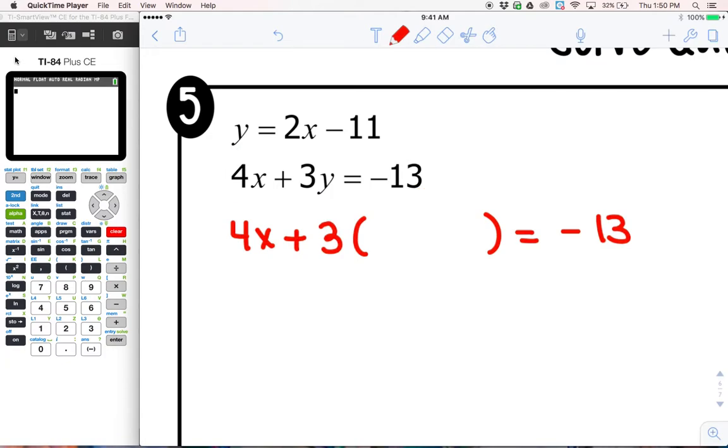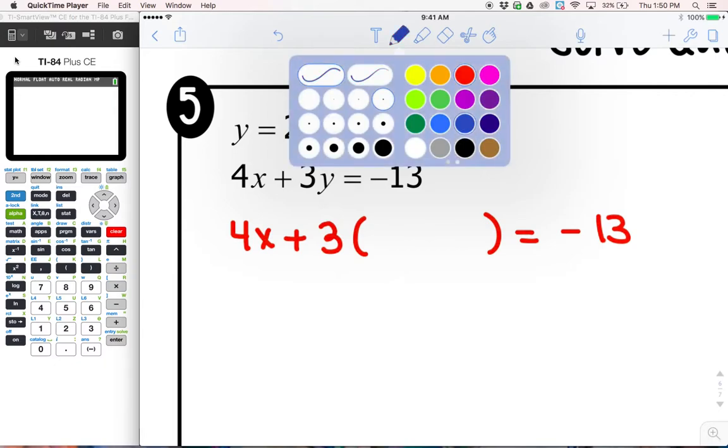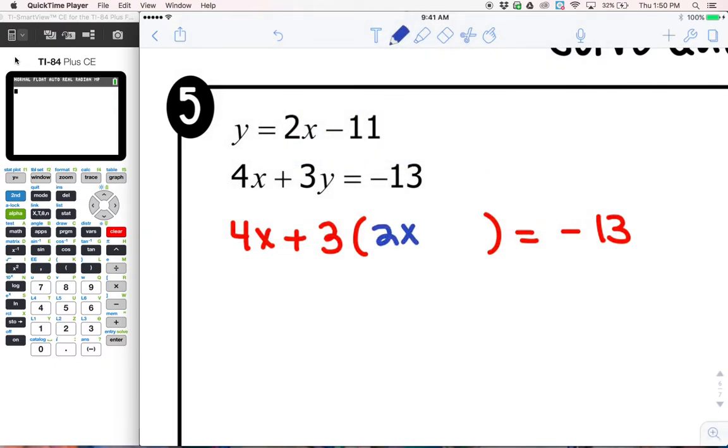Now what I'm going to put in there is 2x minus 11, because we are told that y is equal to 2x minus 11. So in other words, instead of writing y, I'm going to write something y is equal to, and that is 2x minus 11. What this does is it gets our equation now so that we can actually solve it, right?